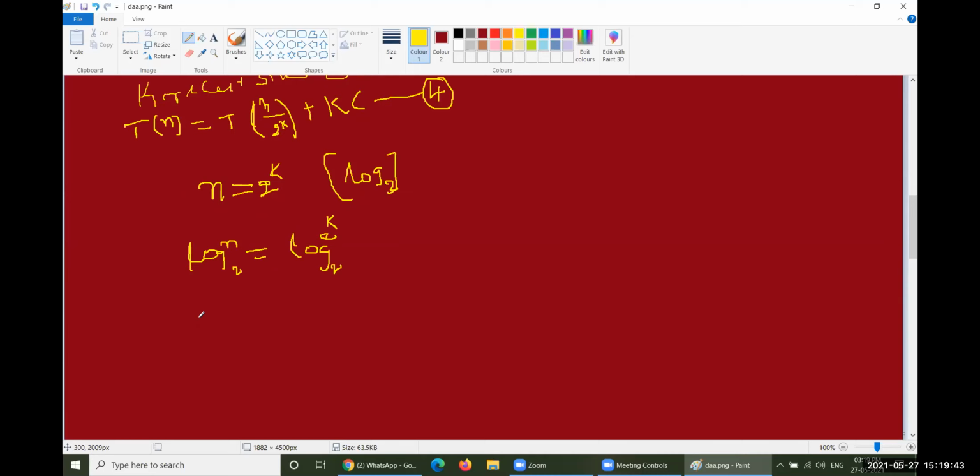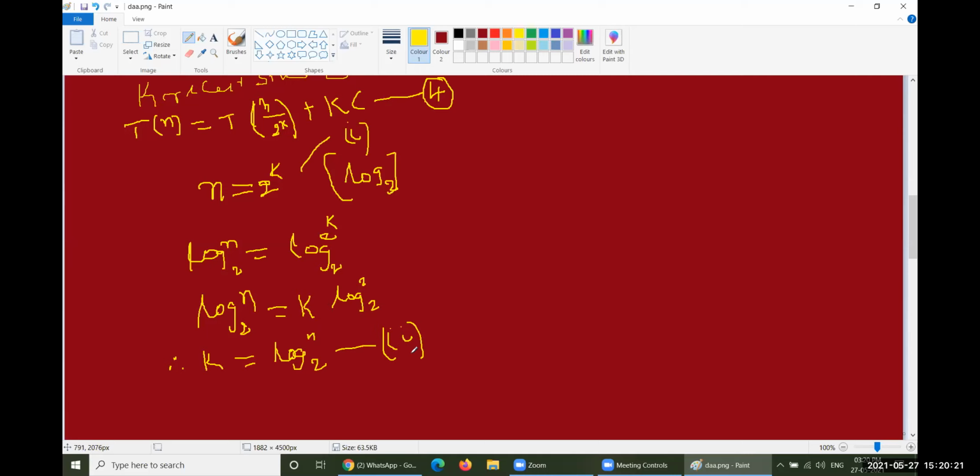Then it becomes log base 2 of n equal to k into log base 2 of 2. Therefore, because log base 2 of 2 equals 1, the value of k will be log base 2 of n. Let us consider this as equation small 1 and this as equation small 2.